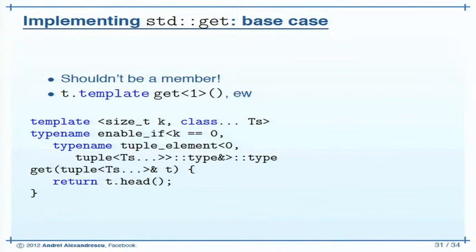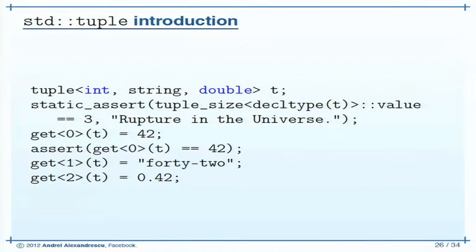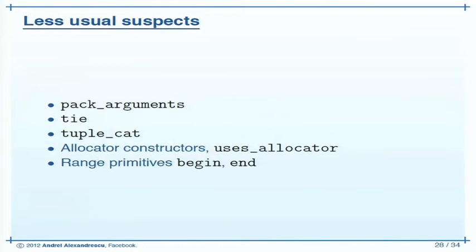And if k is 0, I'm going to return typename tuple_element of 0 and the tuple, reference. I'm returning the reference because, remember, I can assign to it here. I can assign to the thing here. So I return by reference. I return the actual reference to the object sitting inside the tuple. I'm not returning a copy.